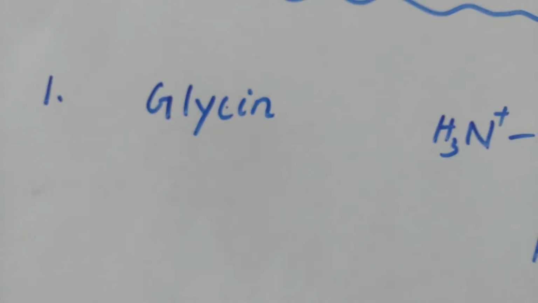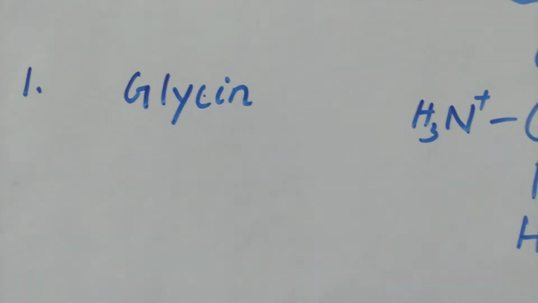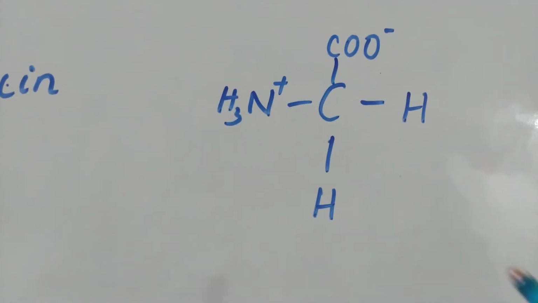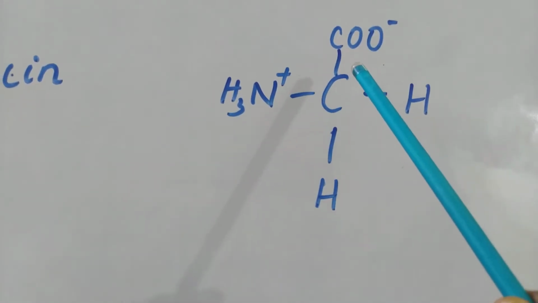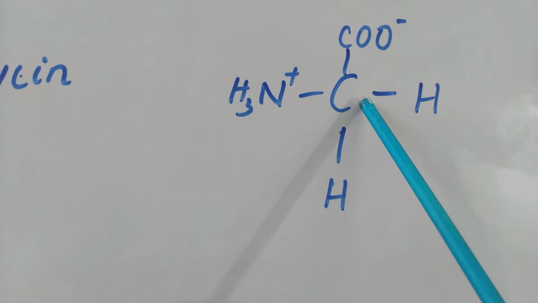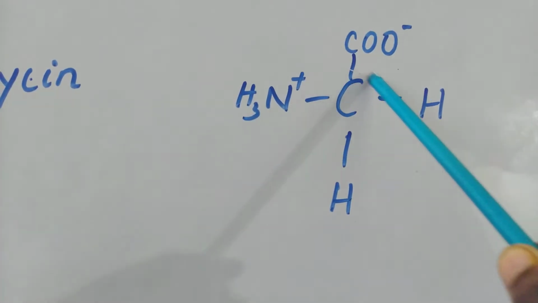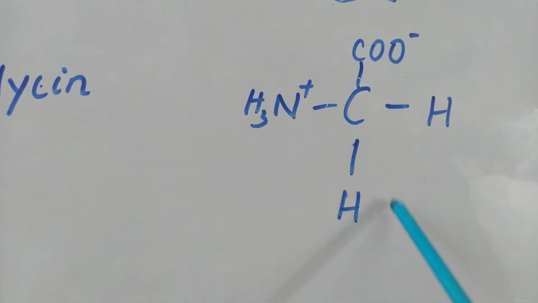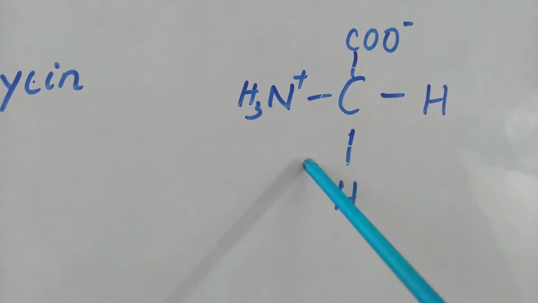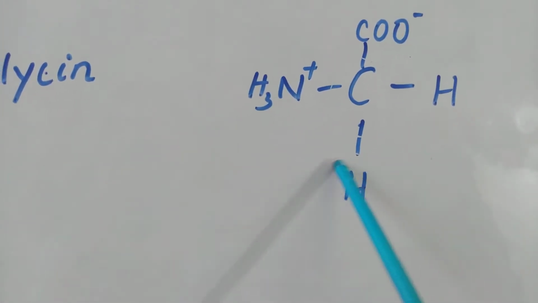So the first one is glycine, and if you remember the last session, we discussed that in an amino acid there is a central carbon atom and one hydrogen, one carboxyl group, one amino group. These three are constant and there is one another group. So here in case of glycine we have only hydrogen.